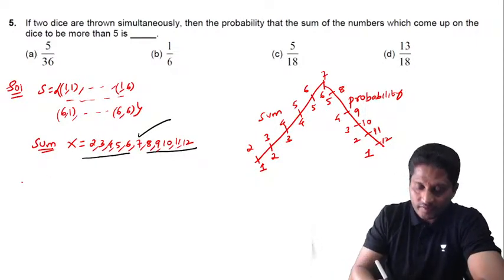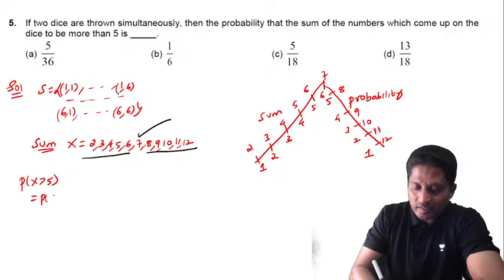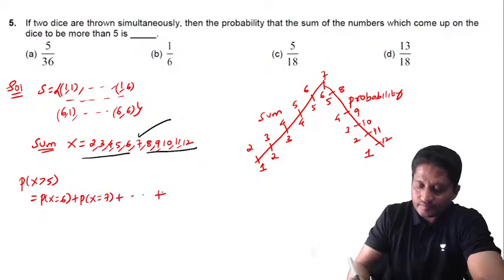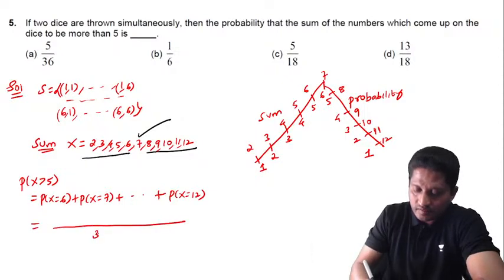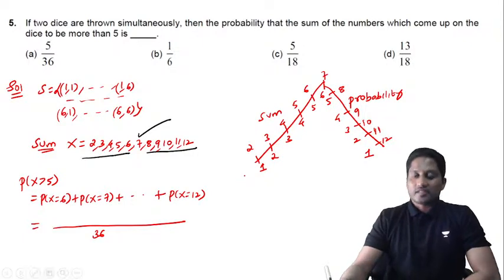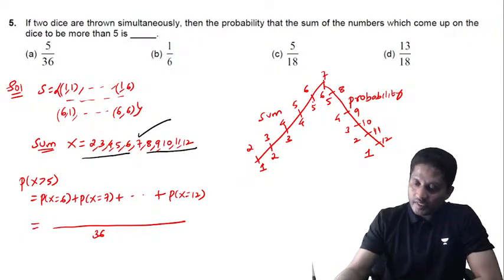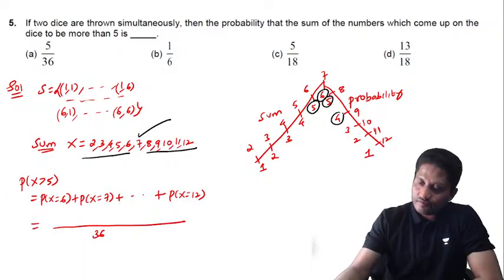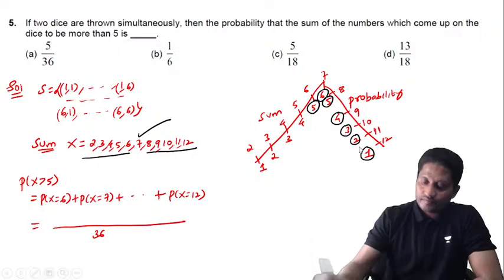Sum should be more than 5, so sum should be greater than 5. Greater than 5 means sum should be equal to 6, sum equal to 7, and so on up to sum equal to 12. Probability of A is n(A) by n(S). Total outcome is 36. Probability of getting sum 6 is 5, probability of getting sum 7 is 6, similarly 5, 4, 3, 2 and 1.